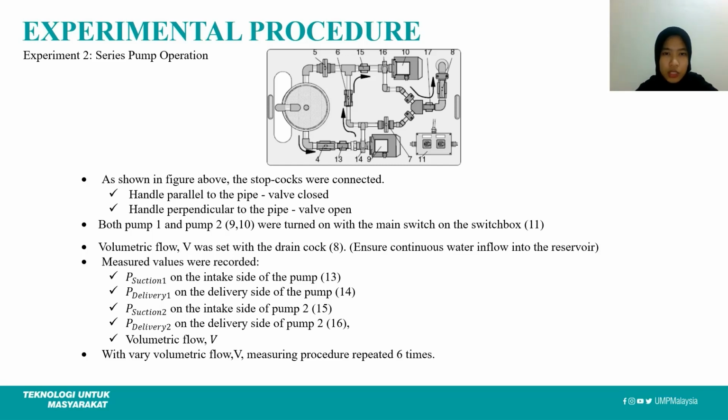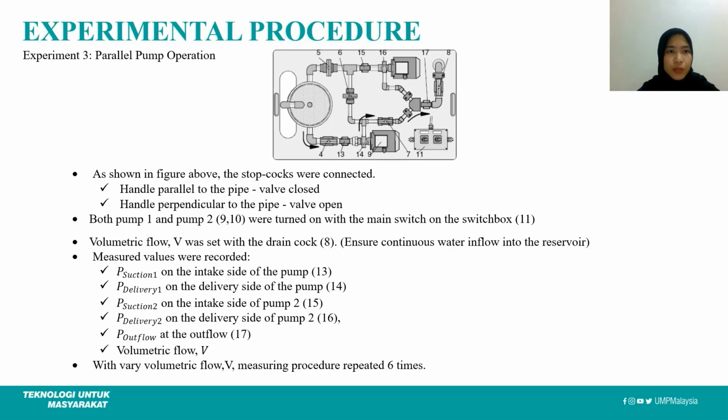In the figure, we can see the flow for the series pump operation. For experiment 3, which is parallel pump operation, we can see from the figure its flow is different from the other experiment.